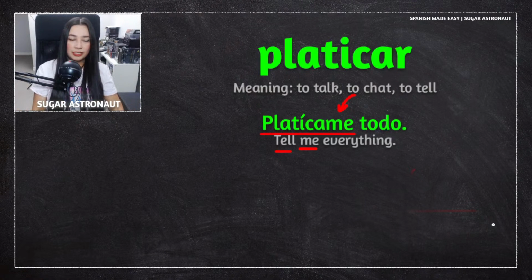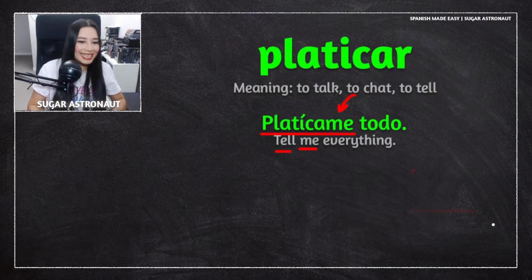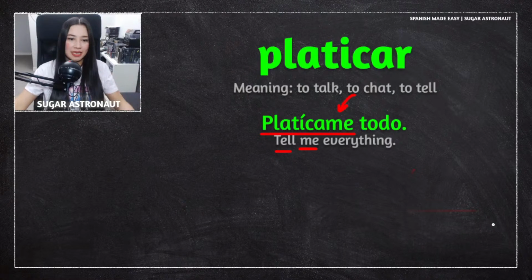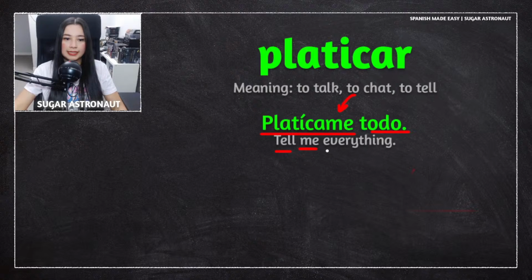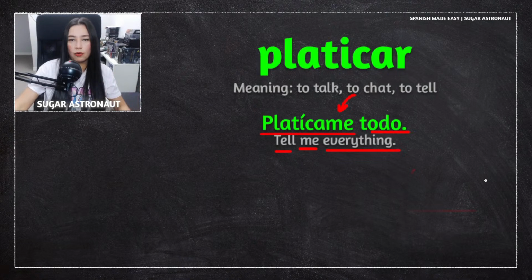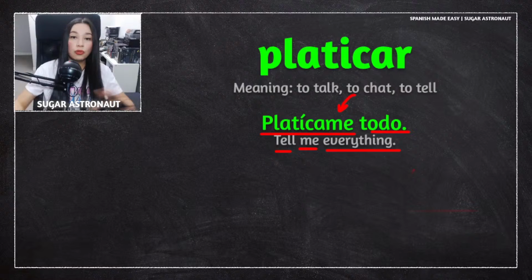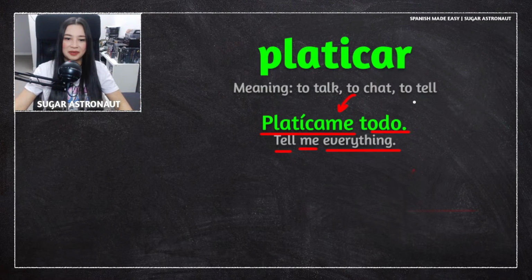That is used a lot in reflexive situations, but it's a common thing to do. Platícame, tell me, okay? Todo means everything or all, okay? Todo, everything, all. So yeah, this is another common word in Spanish for sure. Todo. Platícame todo. Tell me everything.